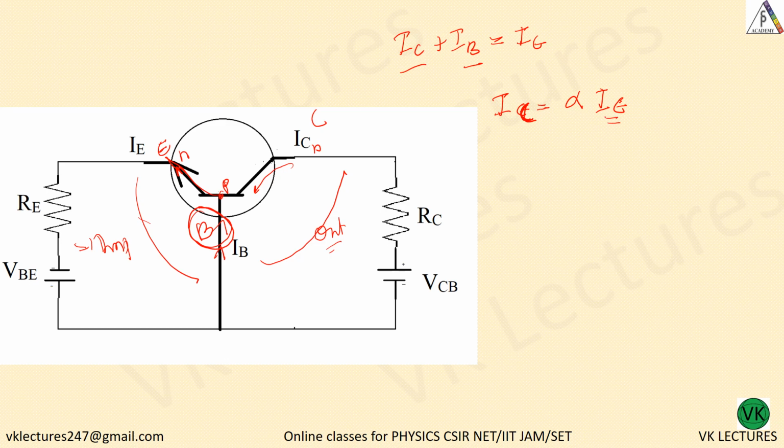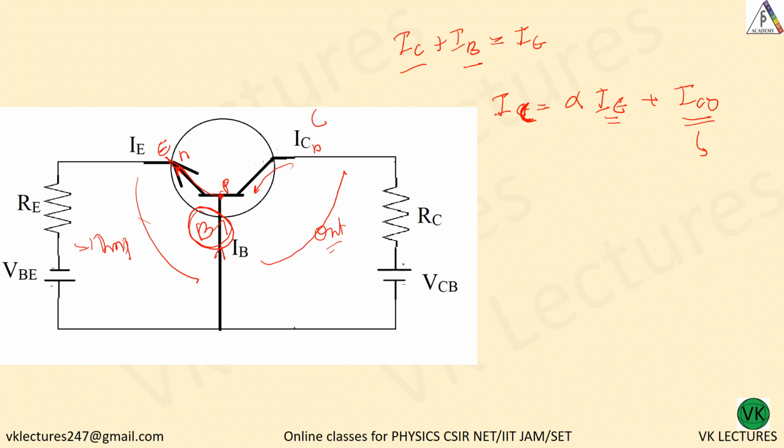IE is part of IC. As the current increases here, IE also increases. How much it increases is determined by this value. This IC naught is a very small value because it is the reverse saturation current. After saturation there is a small, minute current flowing.